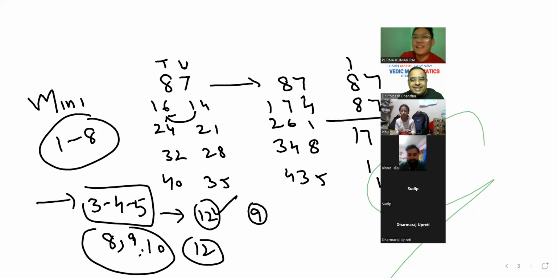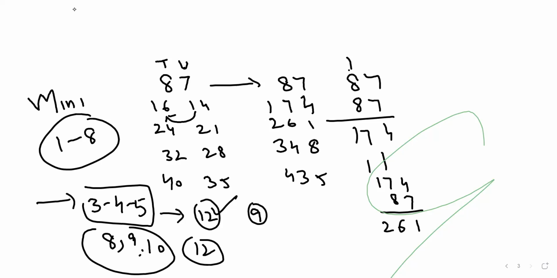Vedic maths is very simple. It's not only learning maths, it is a life-changing process. How is it a life-changing process? Because everything you do by visualization. I'll give you one example for everyone.